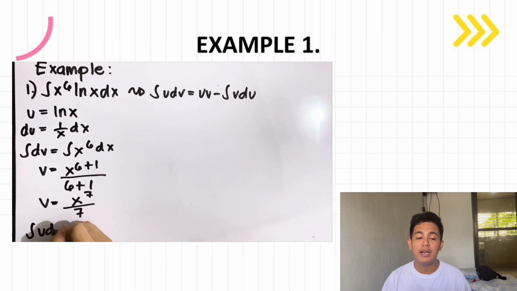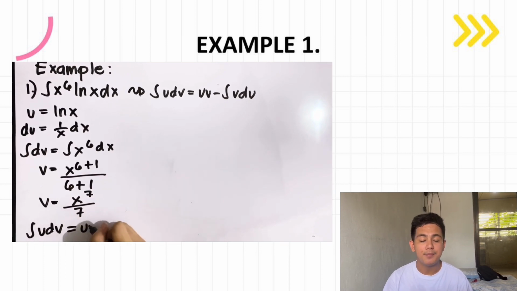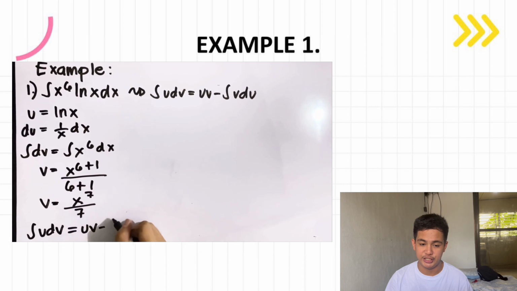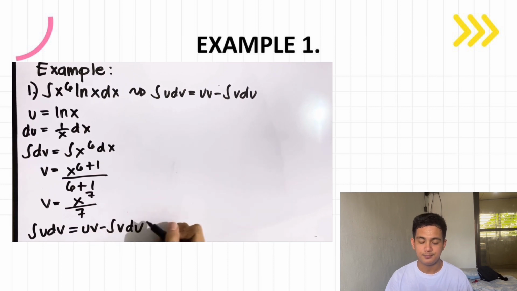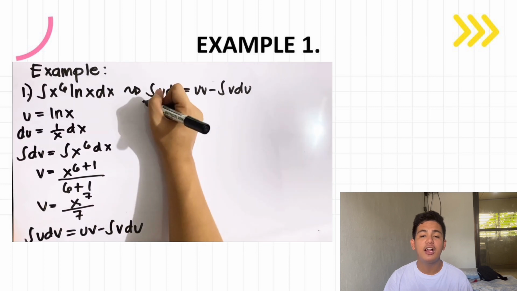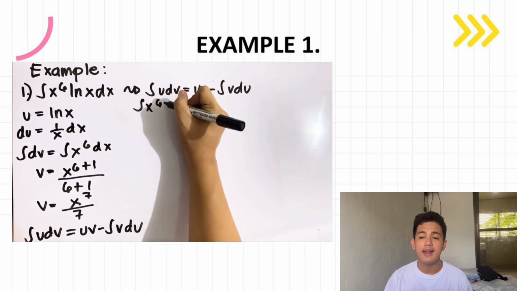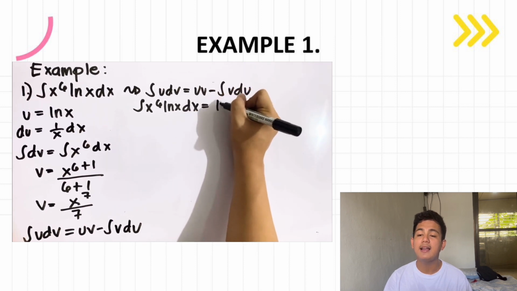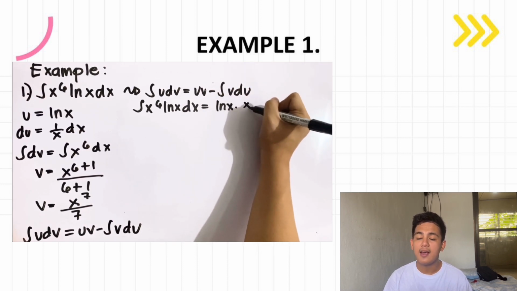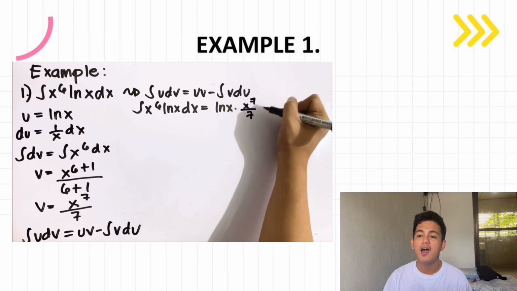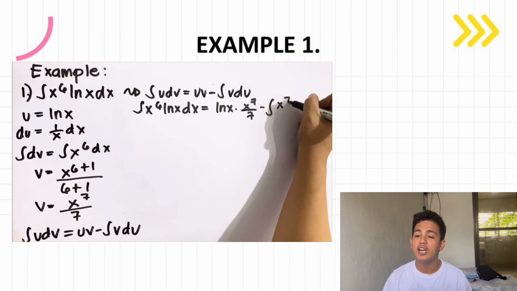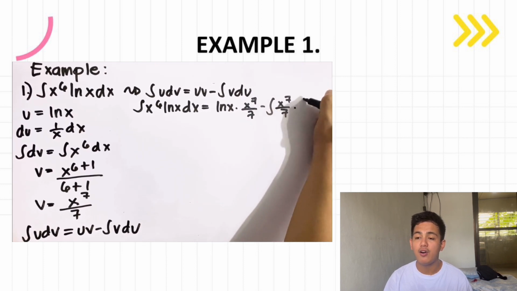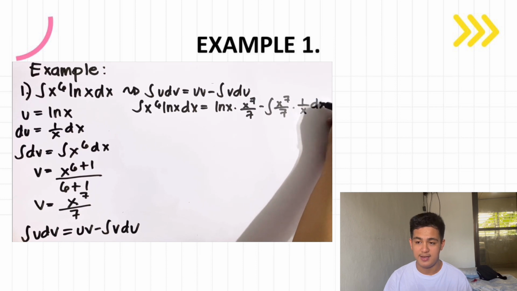Now, we will apply the method we mentioned earlier. To solve, integral of x^6 ln x dx is equal to ln x times x^7 over 7 minus integral of x^7 over 7 times 1/x dx.